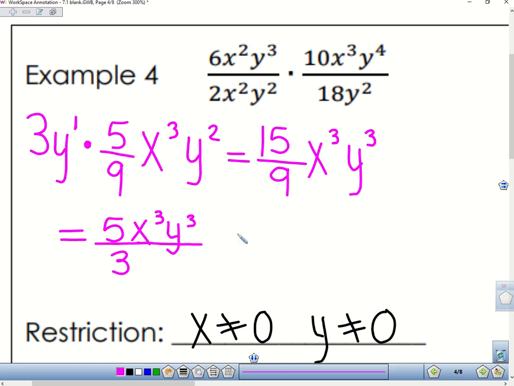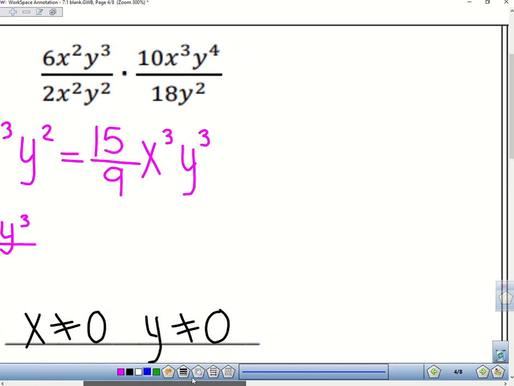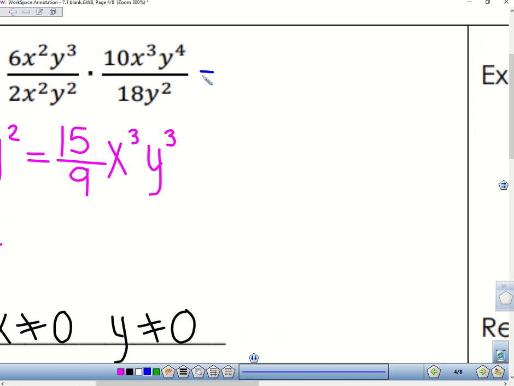Now we're going to practice method 2. Method 2 is to multiply first and then simplify. I'm going to do this one in blue. You're going to multiply across first. What's 6 times 10? 60. Good. What's x squared times x to the third?